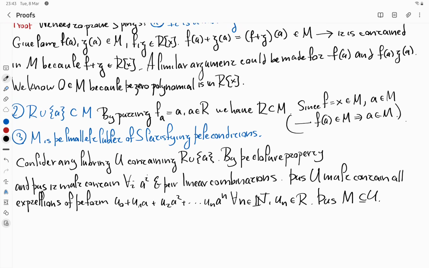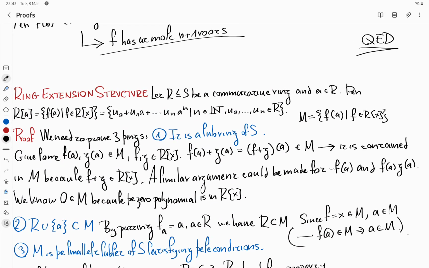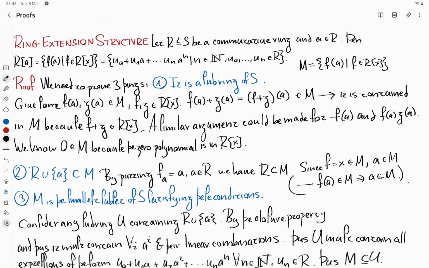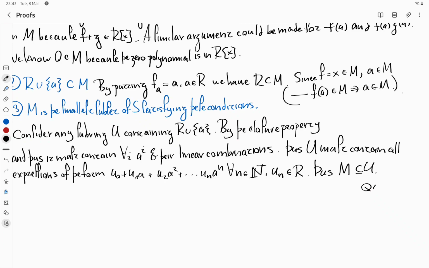Hence, we have proven what we desired. So we have shown that it is a subring, it contains what it's supposed to, and it's the smallest possible, which is precisely the claim, and thus we conclude the proof.